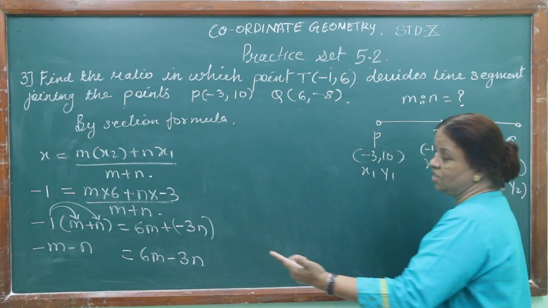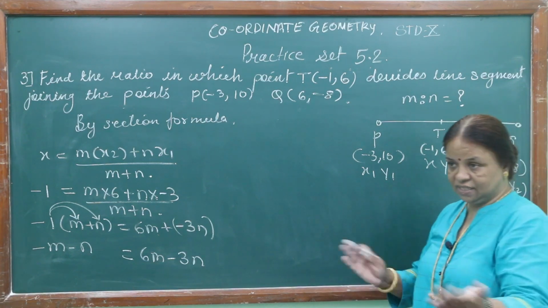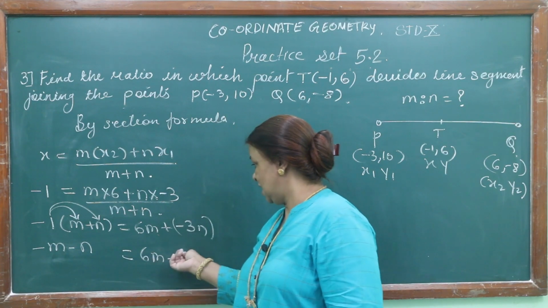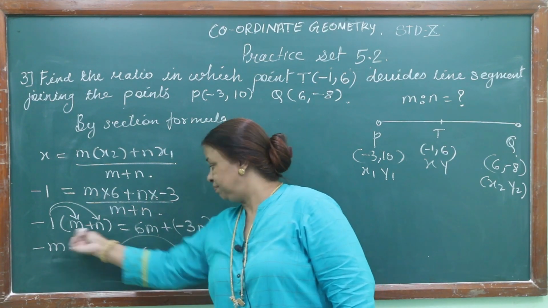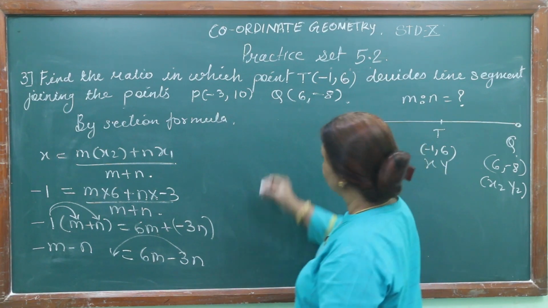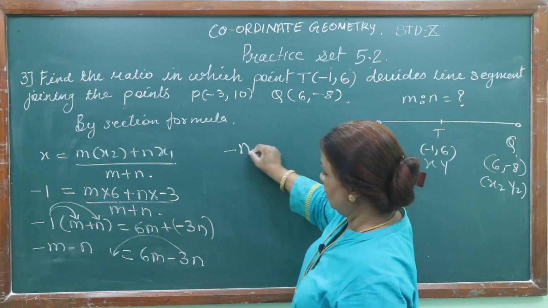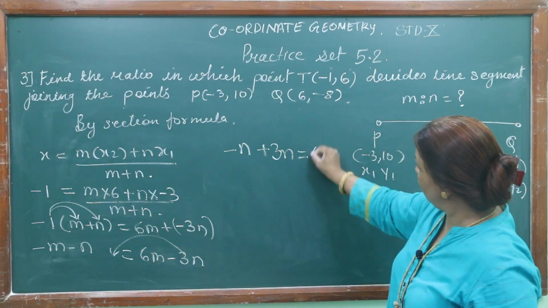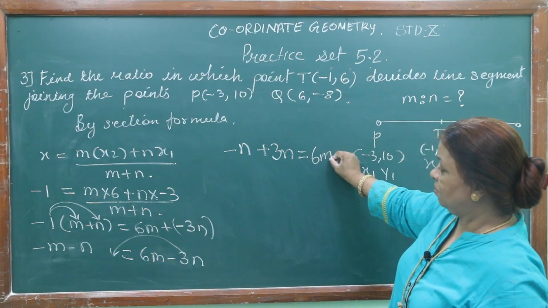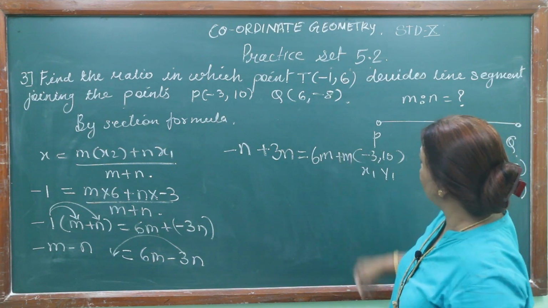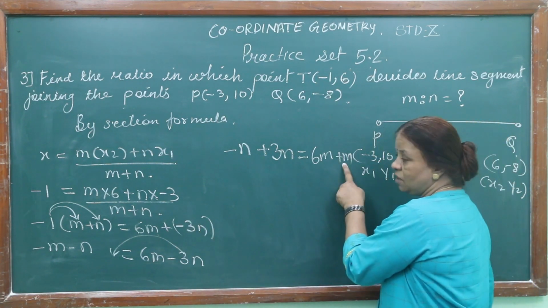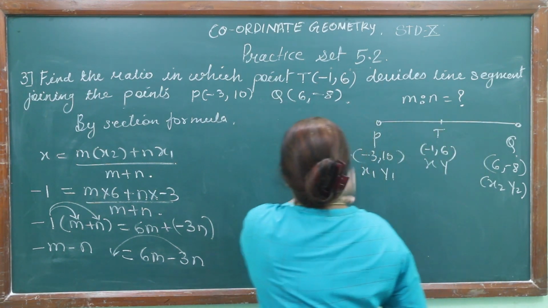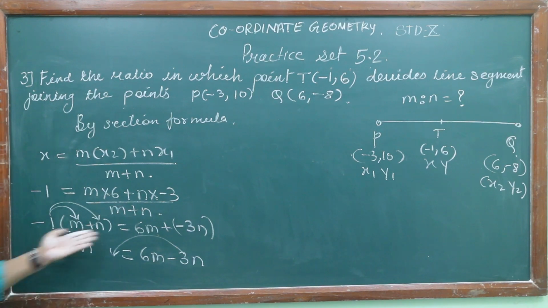So we will shift m and n to either side of the equal sign. Or do one thing, children, we will shift m this side and n that side.